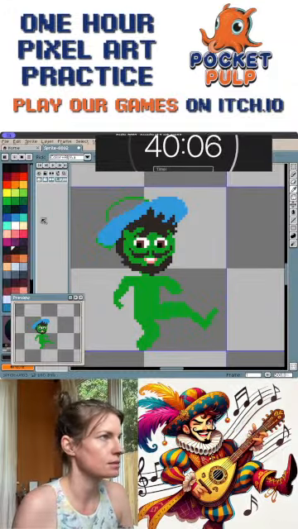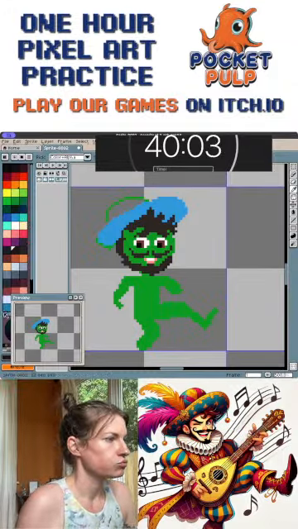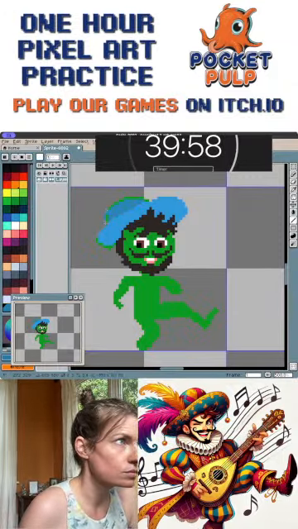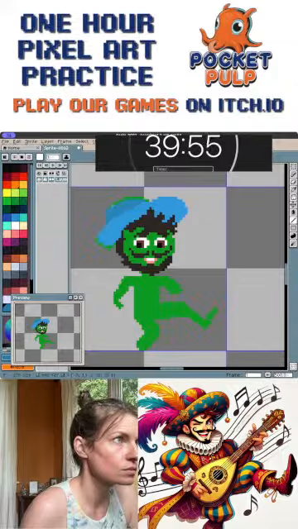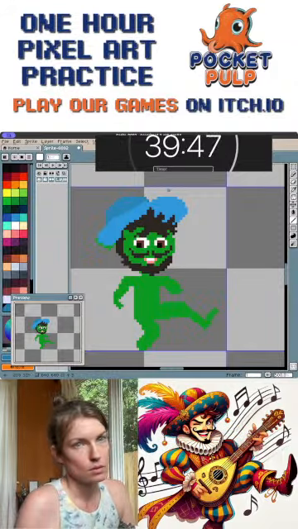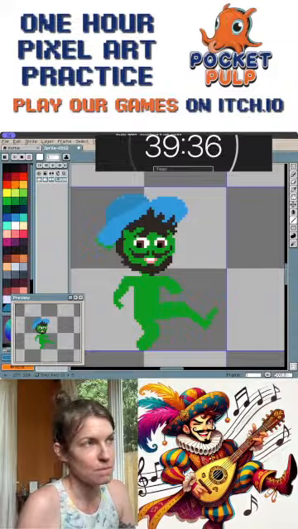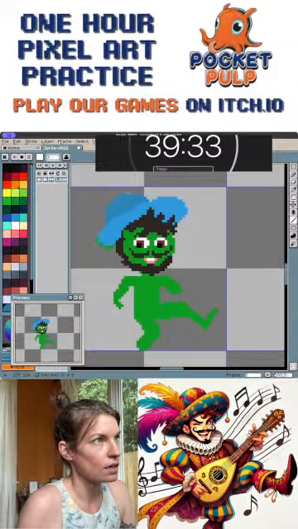Moving on to this hat. It kind of has more of a rounded top.